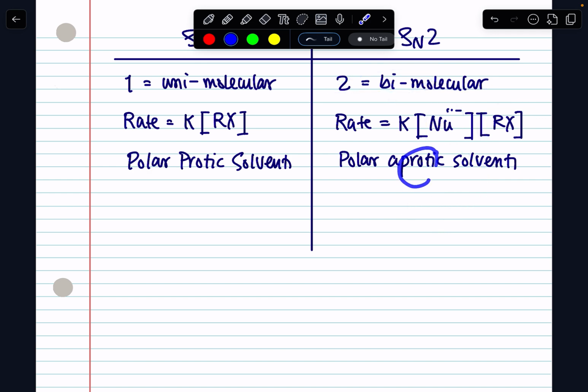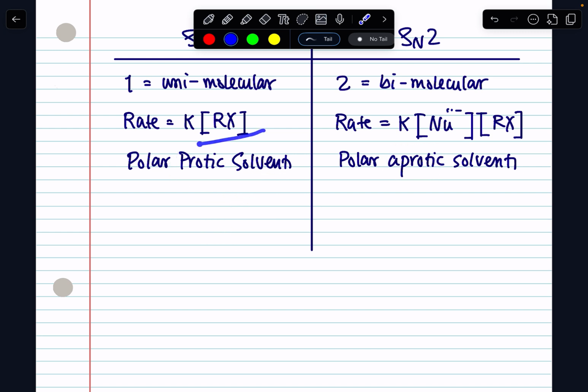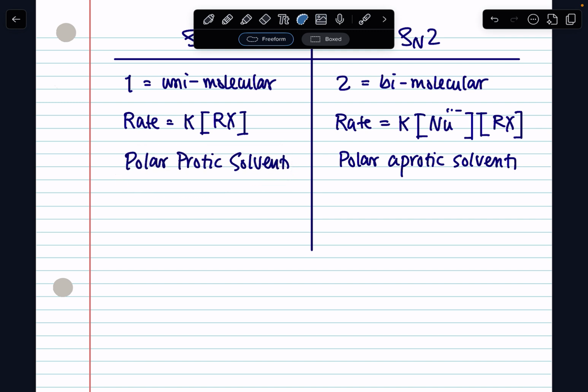Essentially, if you have protons around, you will disrupt the reaction. So that's why these reactions have to be in aprotic solvents. Protic solvents are solvents which have lots of protons or positive charges, as shown. For SN1, the nucleophile isn't involved, so there is no problem having protons. That's not an issue.